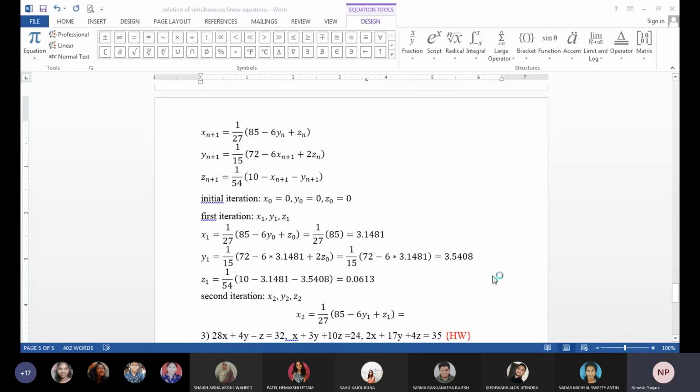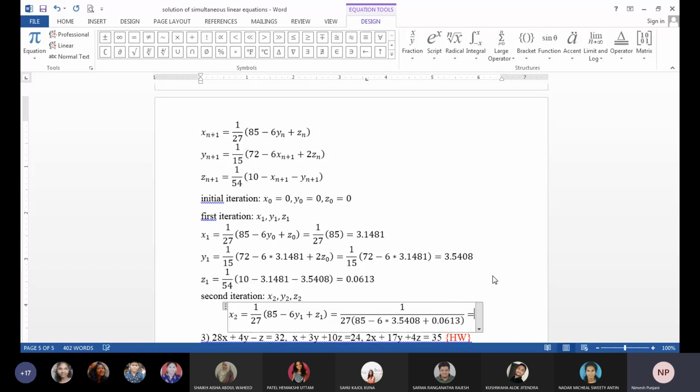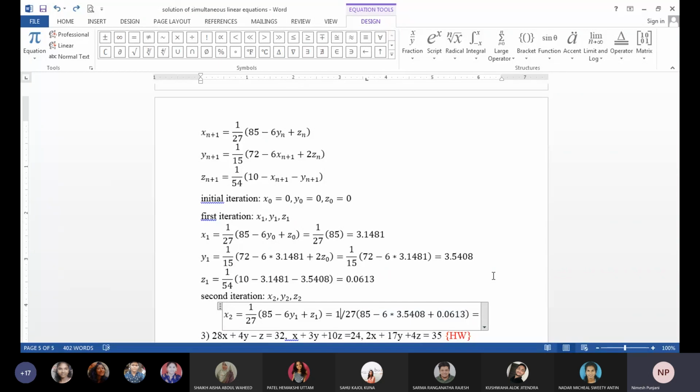I repeat, you are free to use your calculators, whether it is an online exam or an offline exam. Okay, so this is what we have. Now we will substitute the values. 6 into y1 is 3.5408. Rounding of the calculation is an important task, so don't forget to round off your numbers.